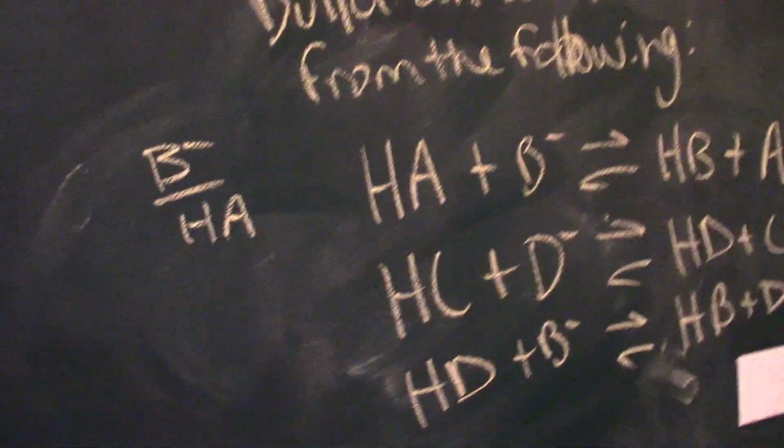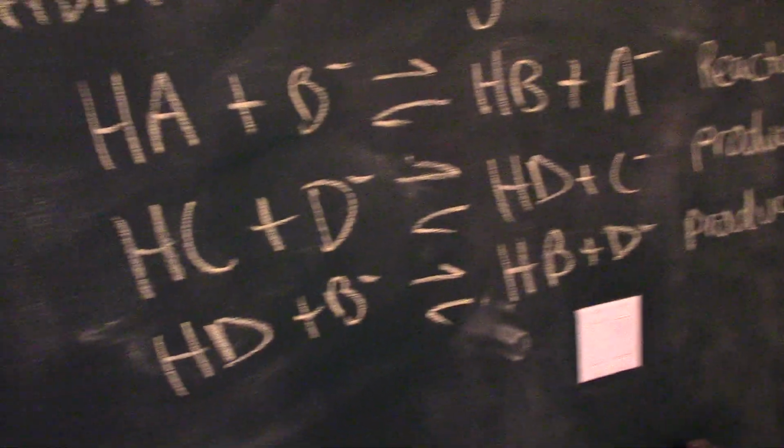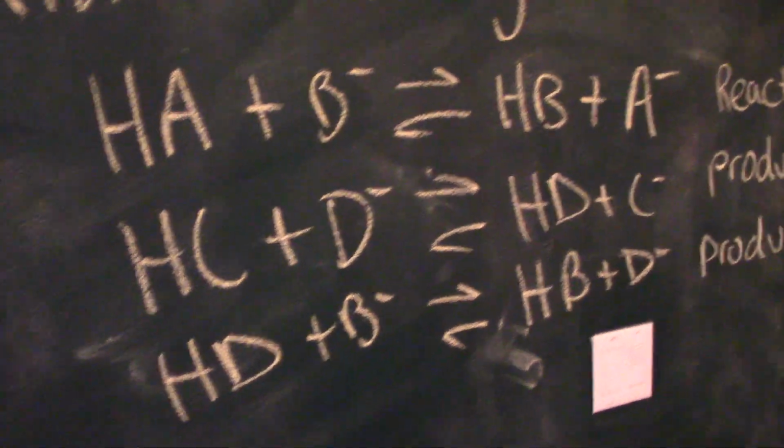Right, so I know that if I have HA, HB is going to be above that. Okay, now products are favored here. So I know that HC is going to be over D negative.